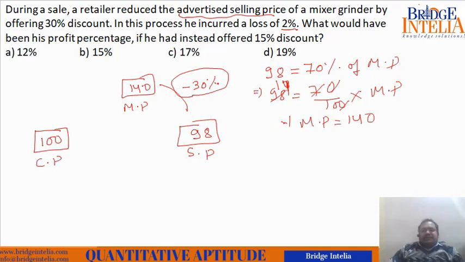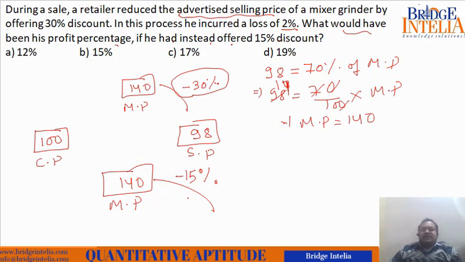Now coming to the actual question. Actual question is, what would have been his profit percentage if he had instead offered a discount of 15%? So now you know that the actual marked price is 140. So if now he offers a discount of 15%, offering a discount of 15% means you are asking for only 85%.